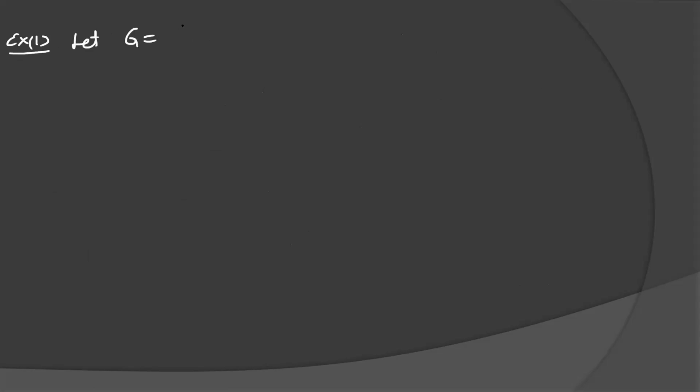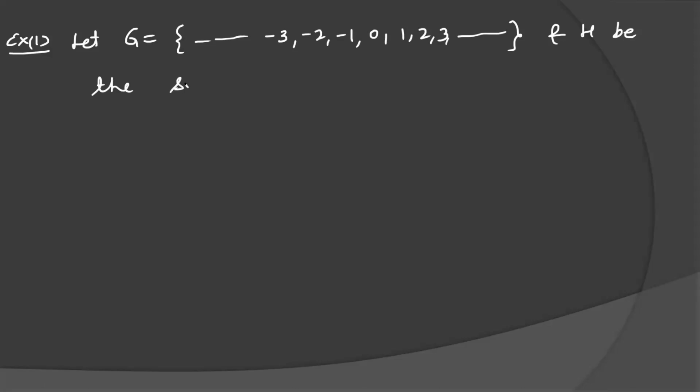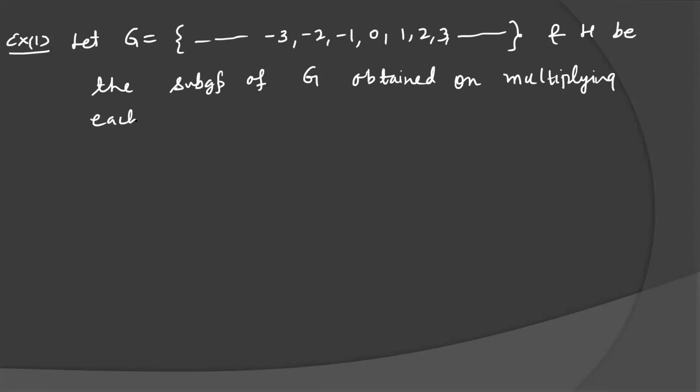Let G be the set of all integers: -3, -2, -1, 0, 1, 2, 3, and so on. And H be the subgroup of G obtained by multiplying each element of G by 3.